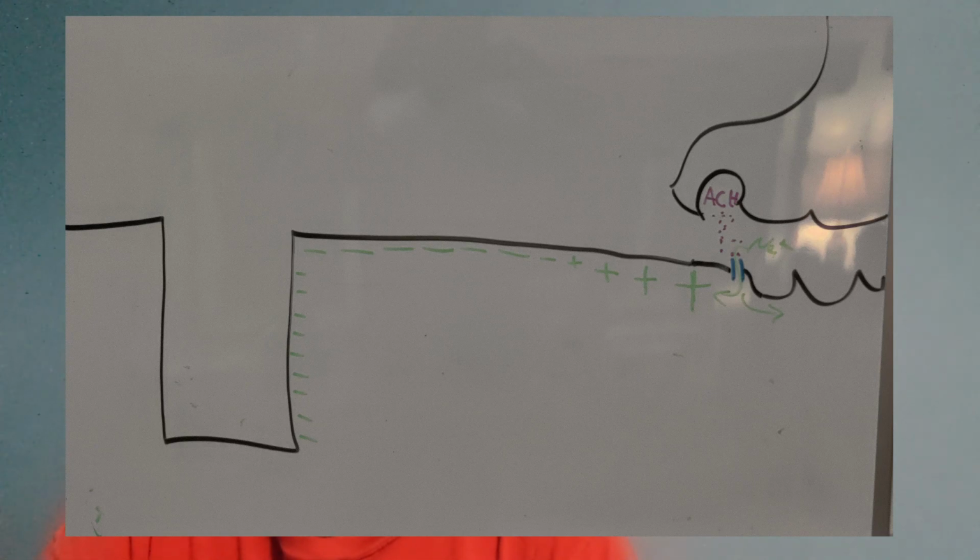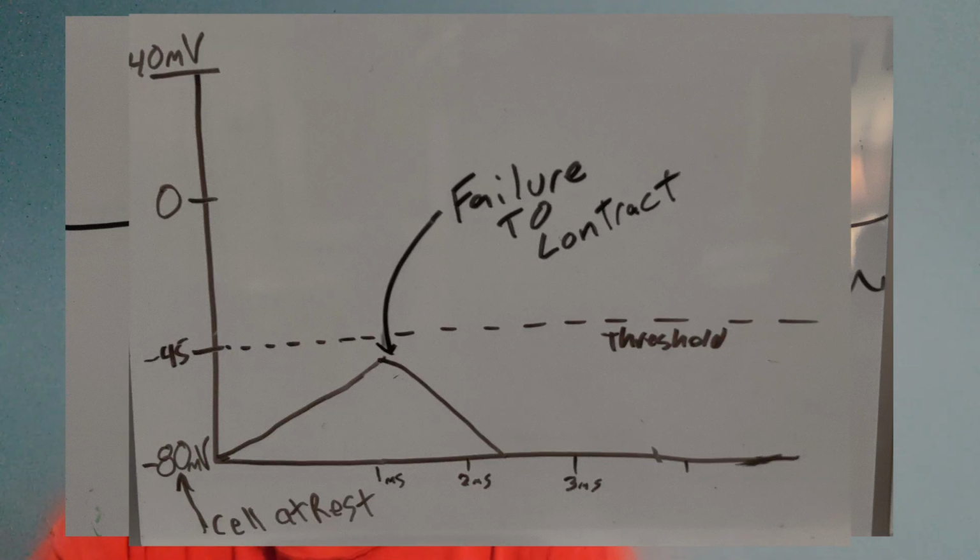Where that sodium enters the cell is going to have the biggest change, the biggest fluctuation. It may even turn that area positive. But unless it hits a sodium voltage gated area where it creates the threshold potential of negative 45 millivolts, it is not going to cause a muscle contraction.